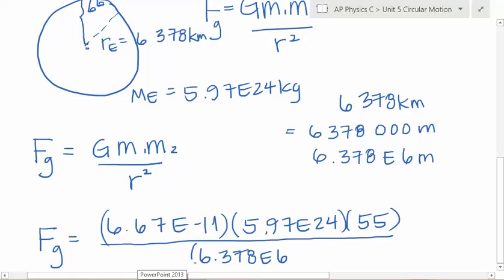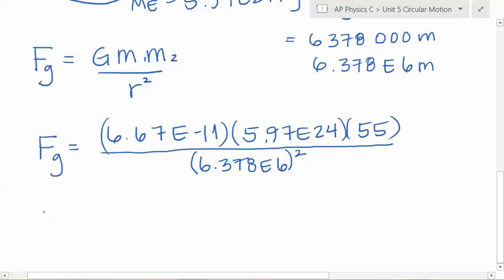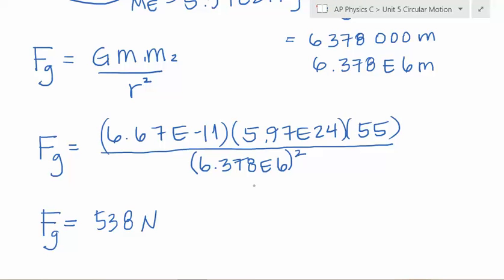All right, and then let's square this distance. So grab your calculator. Let's see what that is. So what's the gravitational force between the person and the Earth when the person is on the surface of the Earth? So 538 newtons.